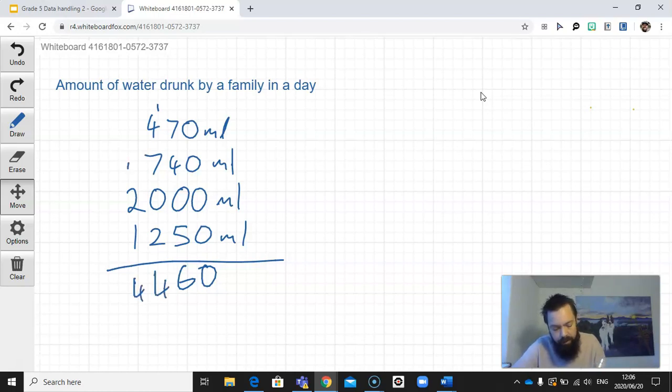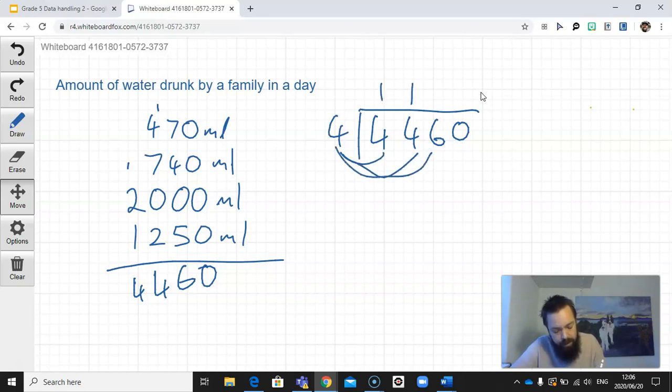So in total, they drink 4,460 milliliters, or almost 4.5 liters. And we're going to divide that by 4. 4 goes into 4 once, 4 goes into 4 once, 4 goes into 6 once with 2 left over. 4 goes into 20 5 times.